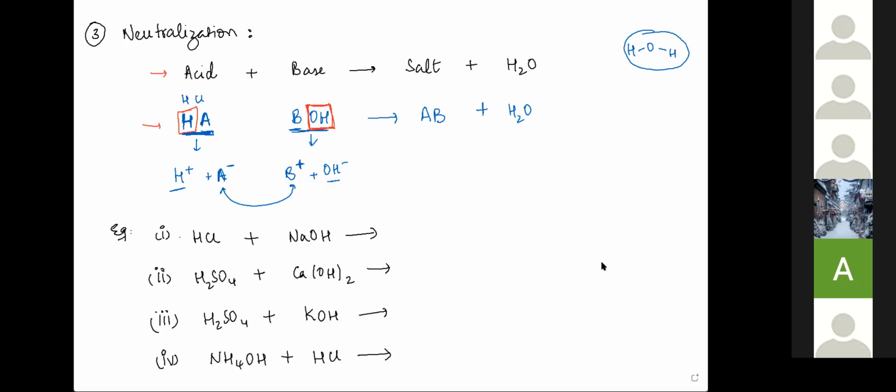Rishita sent all 4. The products are right, Rishita, but your equations are not balanced. So take care of that. So when you're writing in your notes, once you got your products, ensure that you balance the equations.